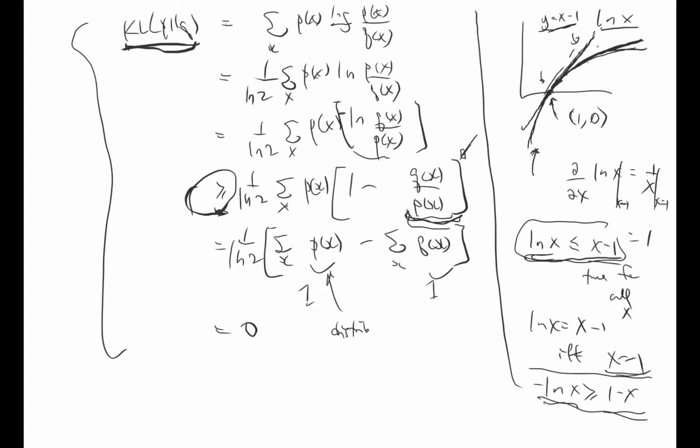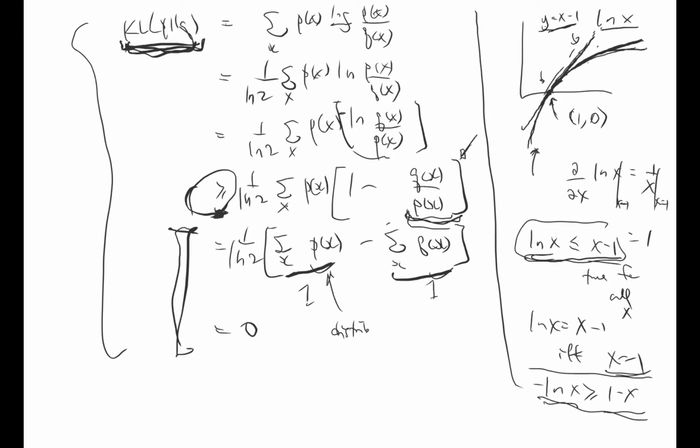I didn't get the relation between the greater than or equal to sign in the KL equation and the last line. Both of these are just distributions, so they always sum up to 1, so from here onward it is always equal to 0. The end conclusion is that the KL-divergence is bigger than or equal to this, which is just 0. The question is when it will be equal to 0.